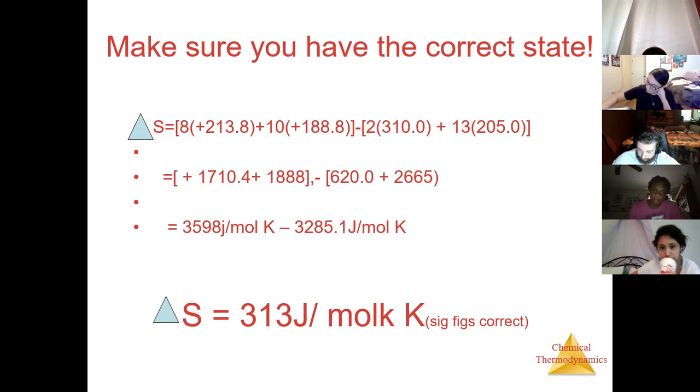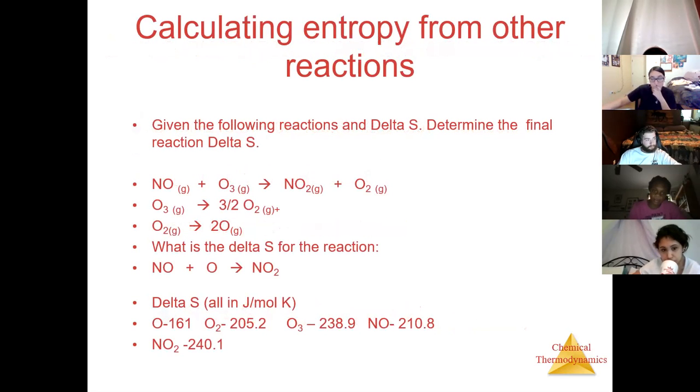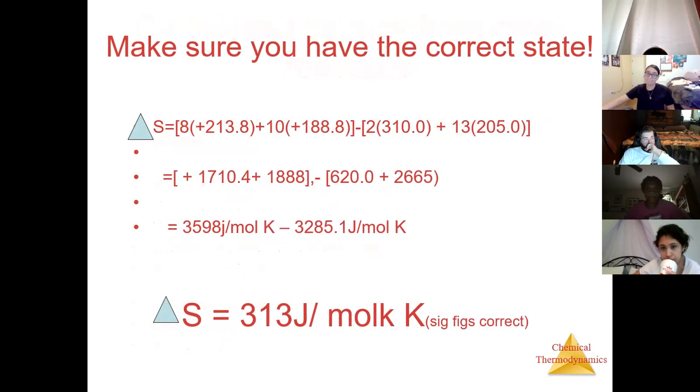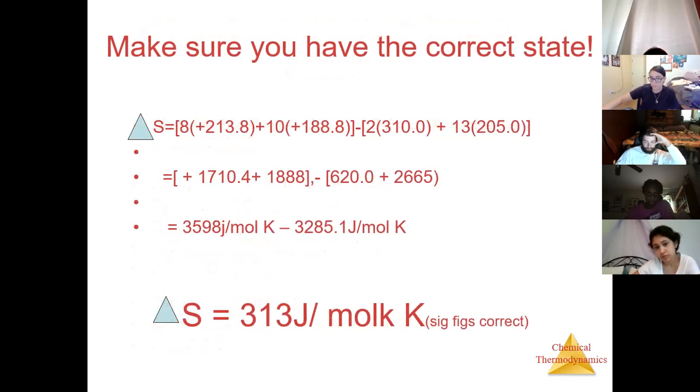Any questions on doing a straight Hess's law equation? So it's just pretty much products minus reactants and then algebra, right?